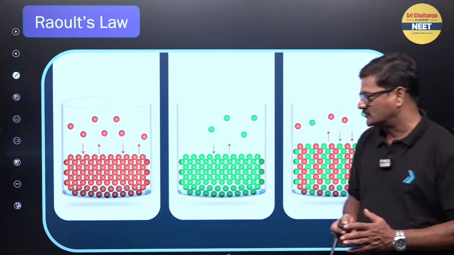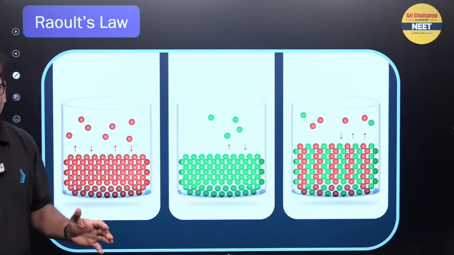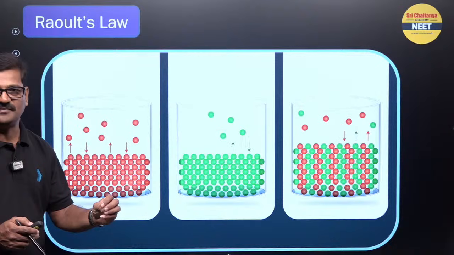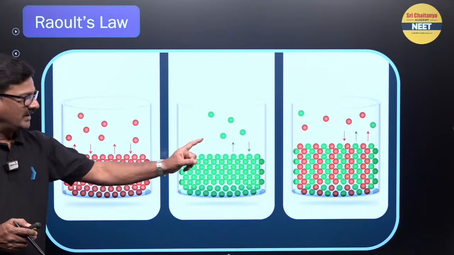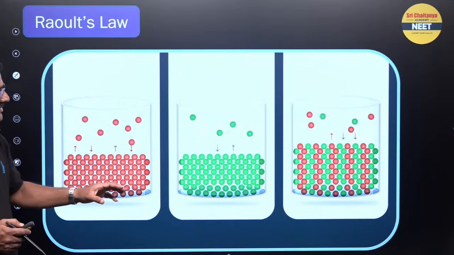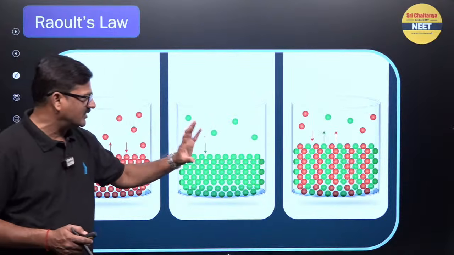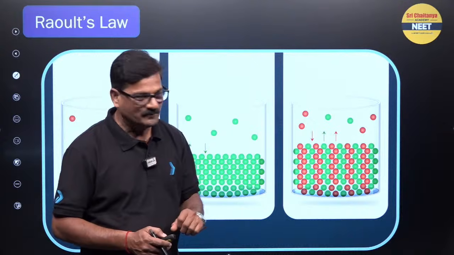So you see Raoult's law. When you mix two liquids, the partial vapor pressure of a liquid is directly proportional to its mole fraction. This is liquid A, and this is liquid B, and this is the AB mixture solution that is formed.